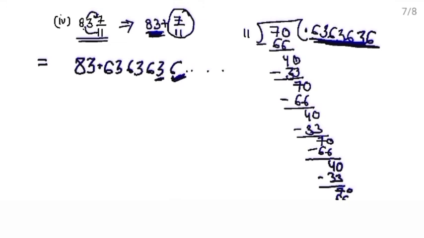This is greater than 5, so we will add 1 in it and replace it by 0. So it will become 83.636364 and we have 0 now. 0 at the end of the decimal number doesn't make any change, so you can remove it.